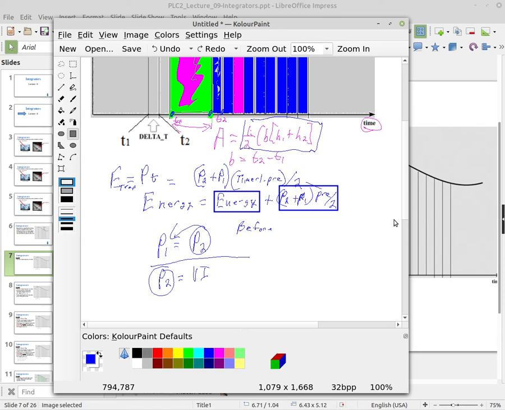So if it's been 30 days, how many kilowatts did you use over 30 days? That's the amount of energy that you have used, and that's what they bill you for, is your amount of energy use.